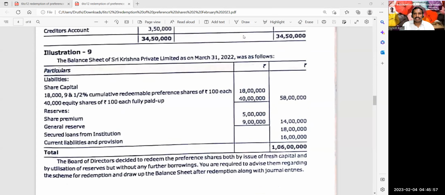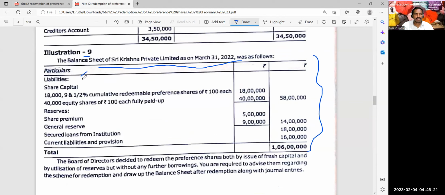As already shown and marked here, illustration number 9: the balance sheet of Krishna Private Limited as on 31st March 2022 was as follows. What is different about this sum? This is a very unique sum, encountered for the first time, because only part of the balance sheet has been given to you.